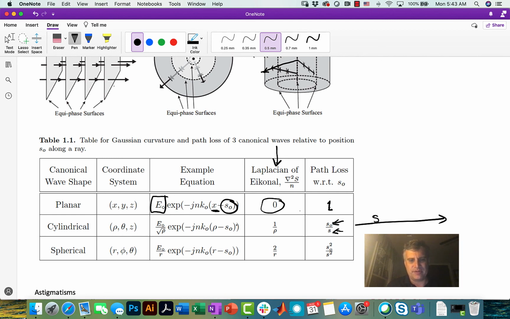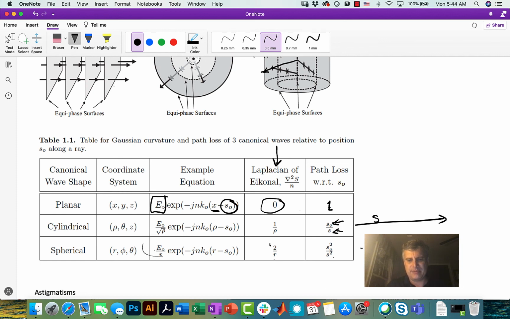For the Laplacian of the iconal of a spherical wave, if I actually do the math and plug it in, my amplitude should be E0 over R. And the path loss with respect to my starting point should be S0 squared over S squared.